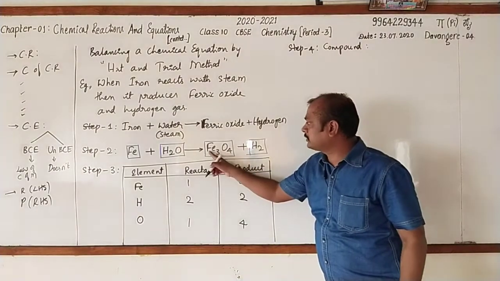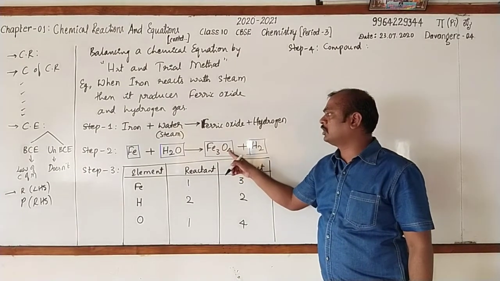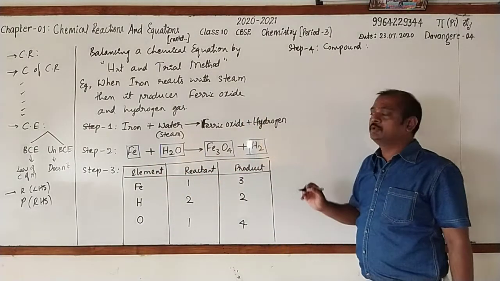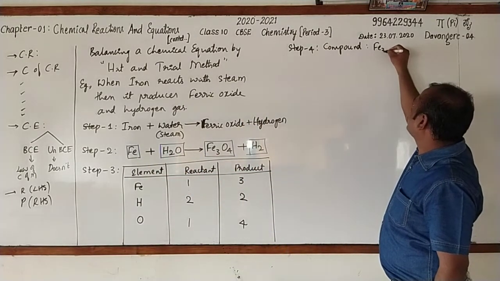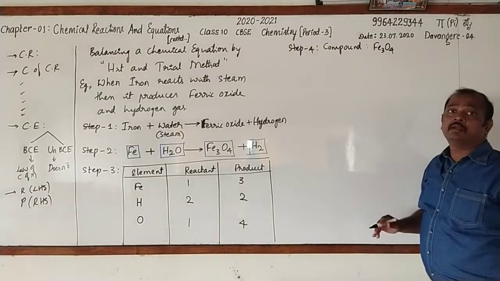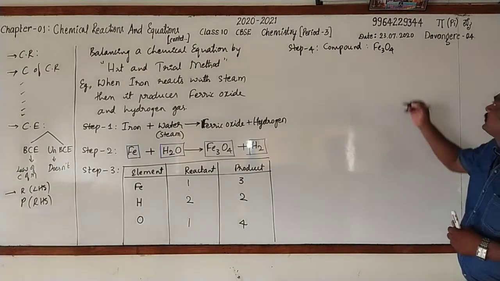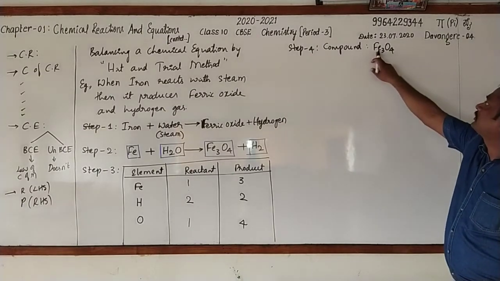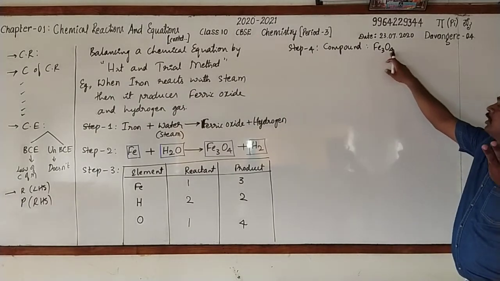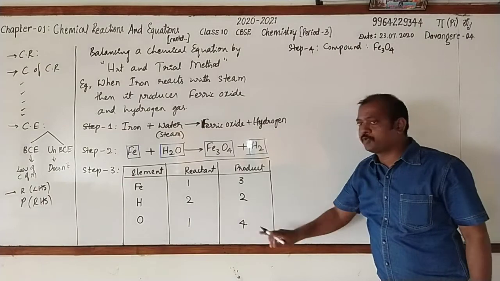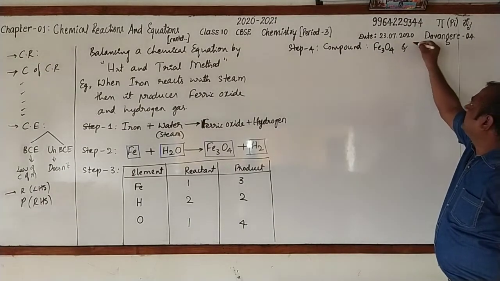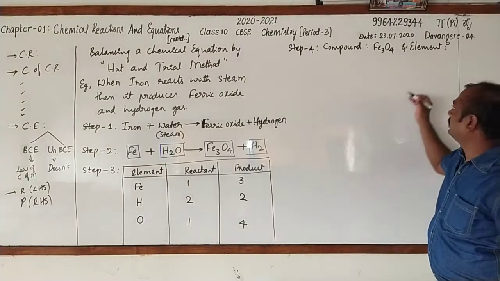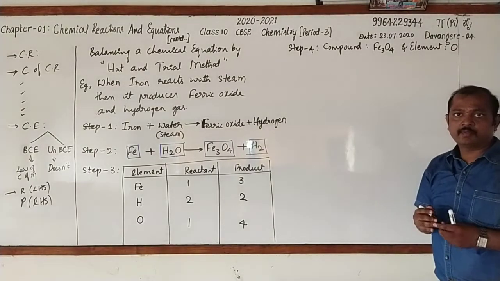Because 3 atoms of iron, 4 atoms of oxygen, altogether 7. Here is just 3. Here is only 1. Here is 2. Fe3O4. Then an element having maximum number of atoms. Which one? Say iron has maximum 3. Oxygen has maximum 4. And element is, here I'll write, this is oxygen, O. Clear?